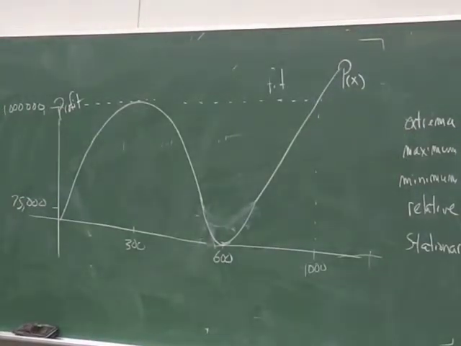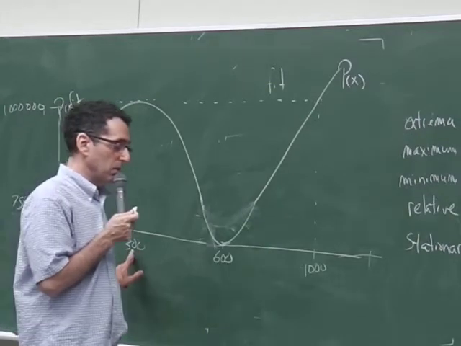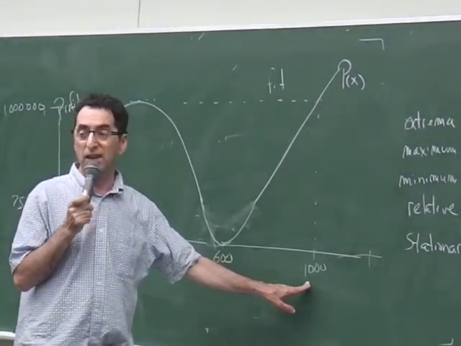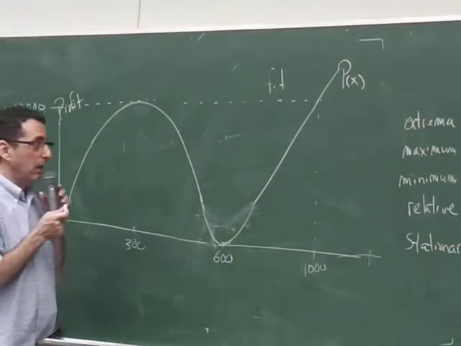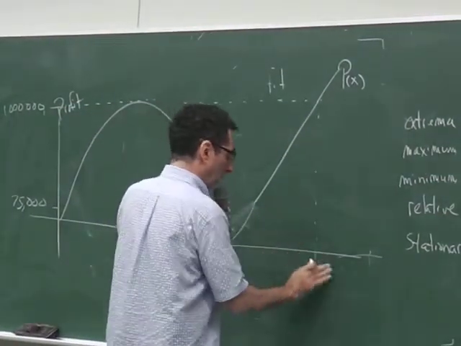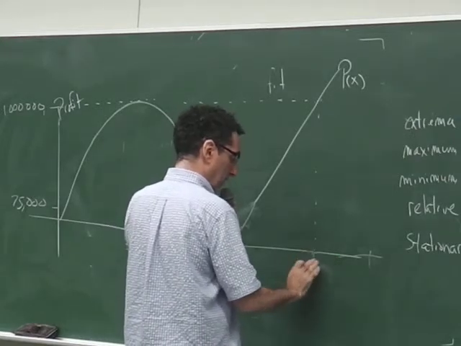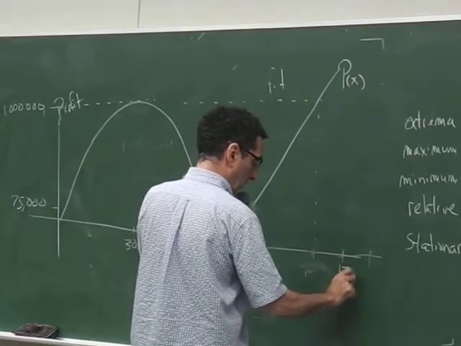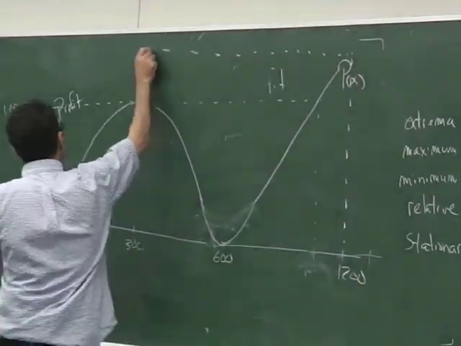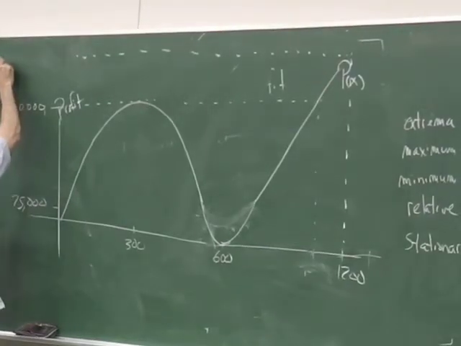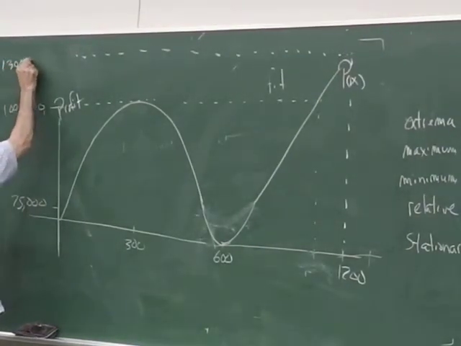Now, we want to, however, distinguish between the point x equals 300 and x equals 1,000. Or, maybe I'll even do this. I'll change my focus to make it 1,200 and make this, let's say, this.